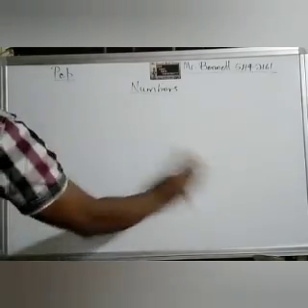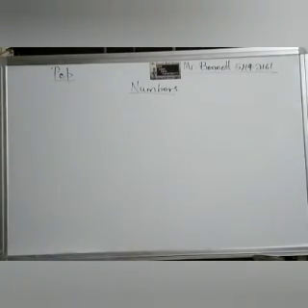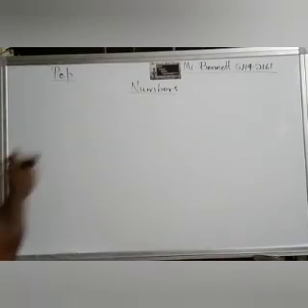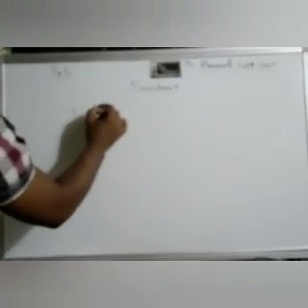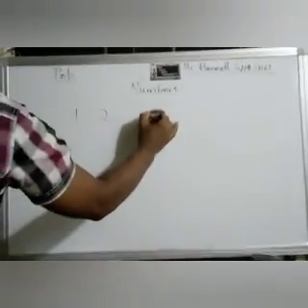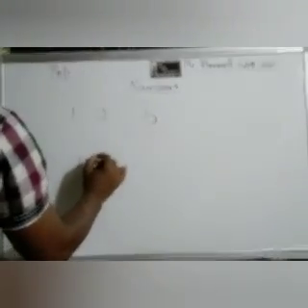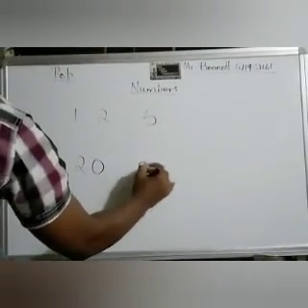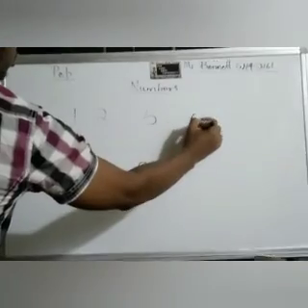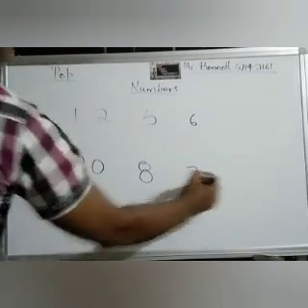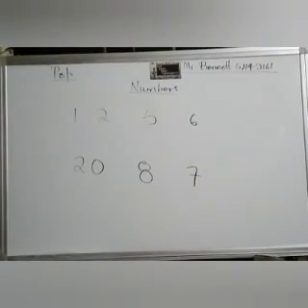I'm going to write some numbers on the board. I want you guys to ask yourself, can a number be a prime number and a composite number at the same time?